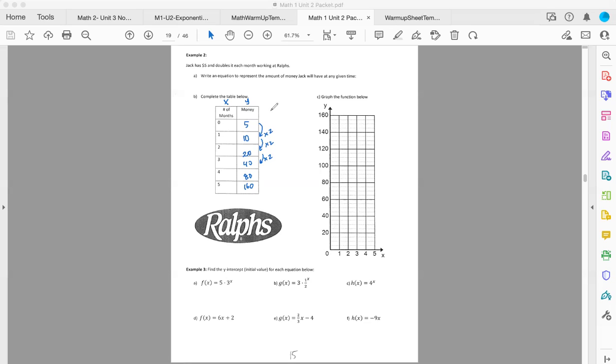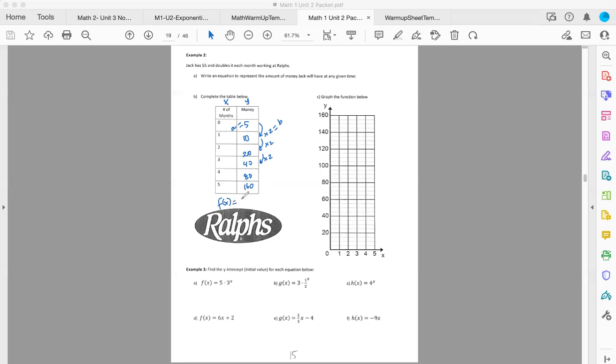How do we write an equation? Recall that for x equal to 0, the corresponding y value, which in this case is 5, is a. And the multiplier, or here the growth factor, is 2, which is b. Also recall that the equation is f of x equals a times b to the x.